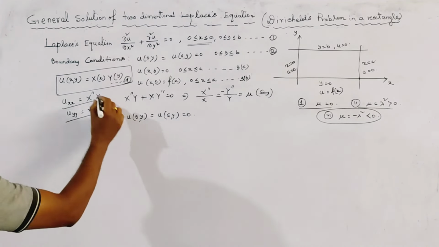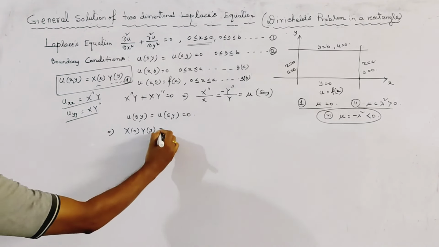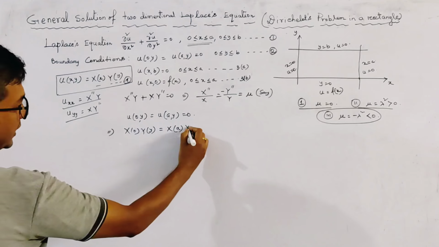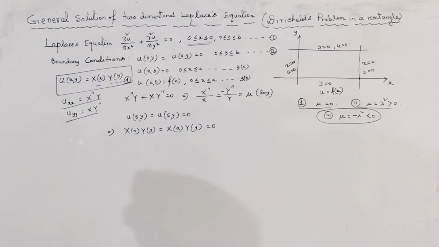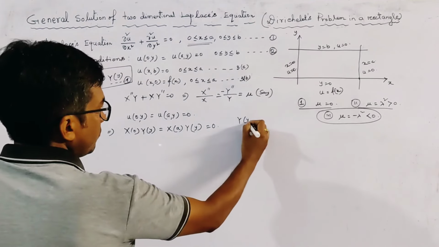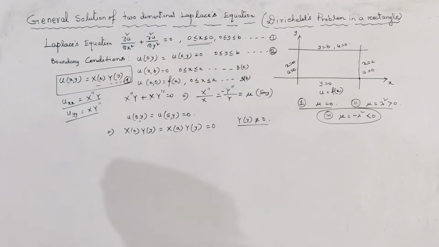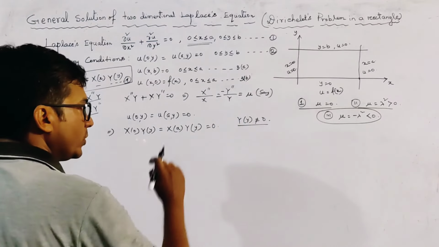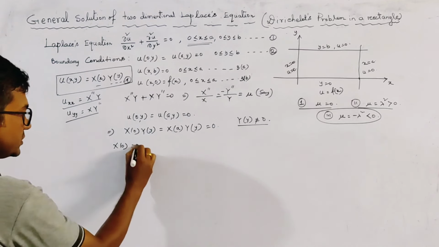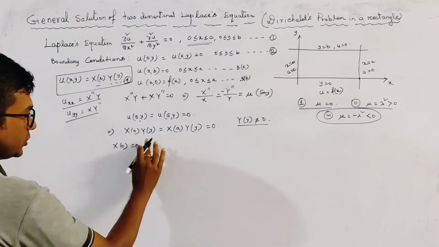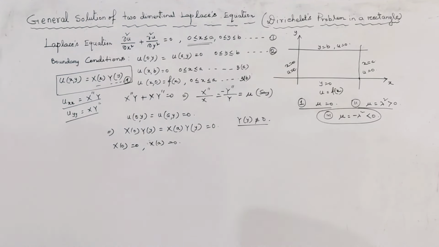So putting the value of this, we get X(0)Y(y) = X(a)Y(y) = 0. Since Y(y) cannot be taken as 0, because this is the general value of Y for all values of y, we take X(0) = 0 and X(a) = 0.